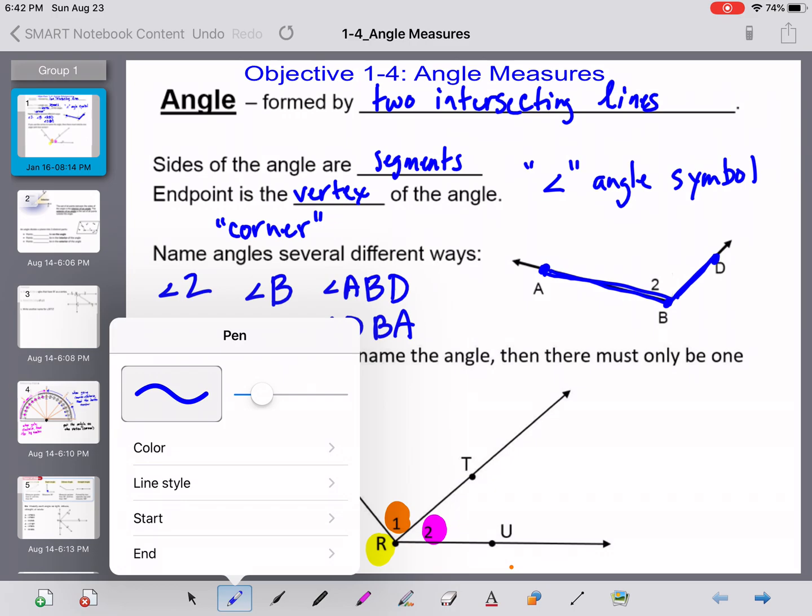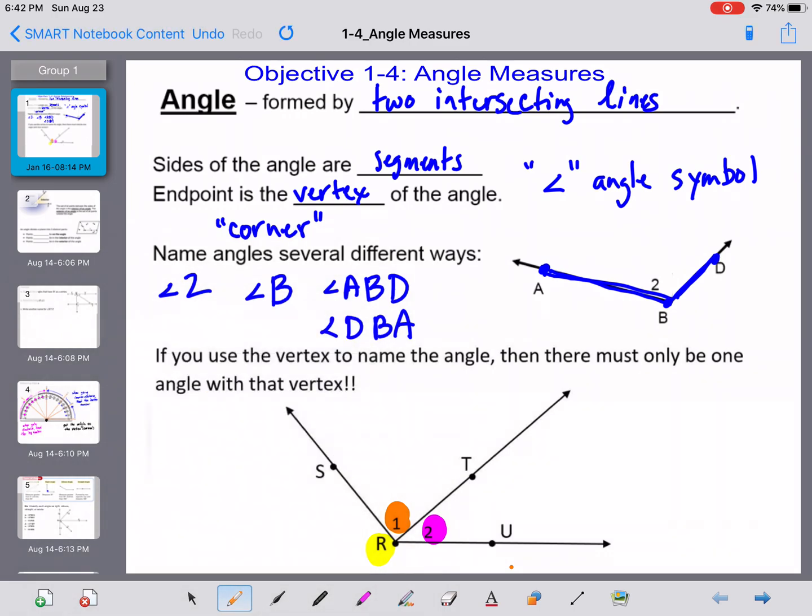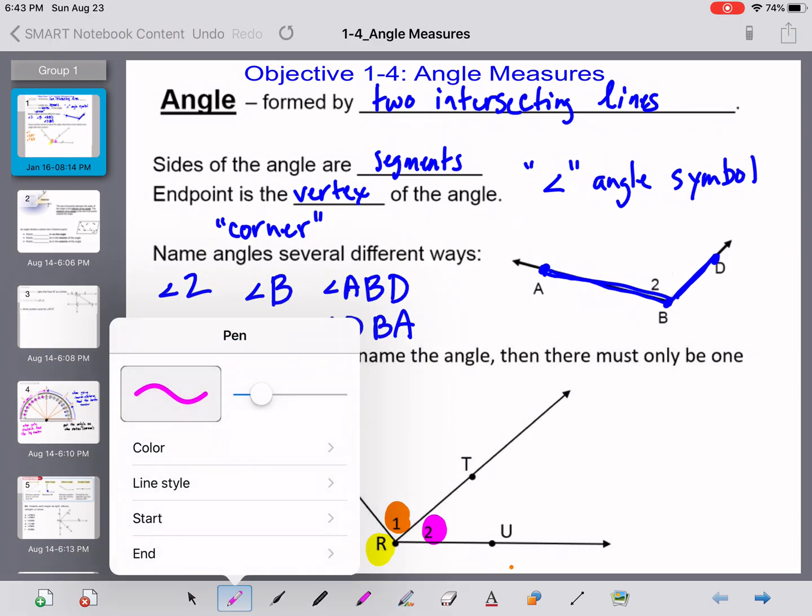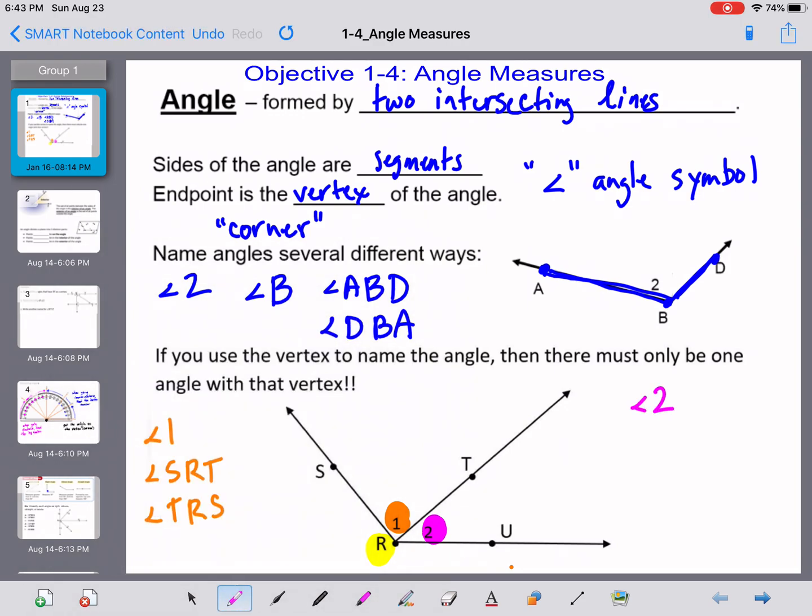So in this case, we'd have to be very specific, and we would either have to say angle 1, angle SRT, or angle TRS. And on the other side, the pink side, we could say angle 2, or angle TRU, or we might want to refer to it as angle URT.